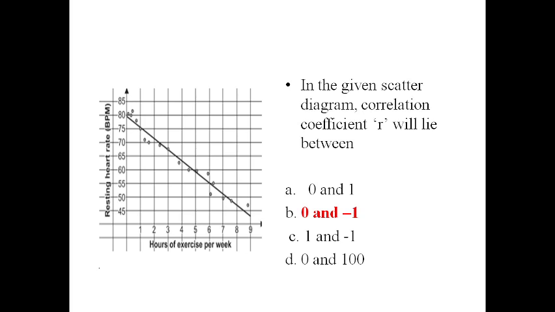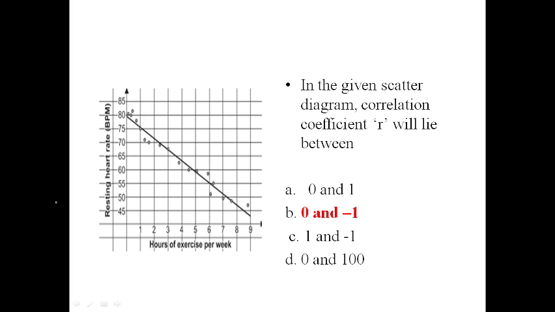The next question is, in the given scatter diagram, the correlation coefficient R will lie between. We should first know that the correlation coefficient will fall between -1 and 1. This is fixed, but in the graph shown, the correlation will be negative.